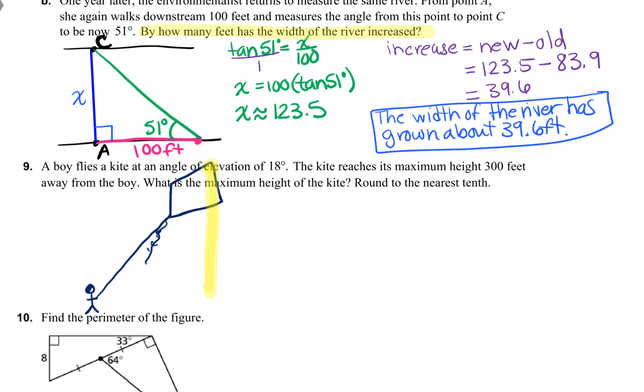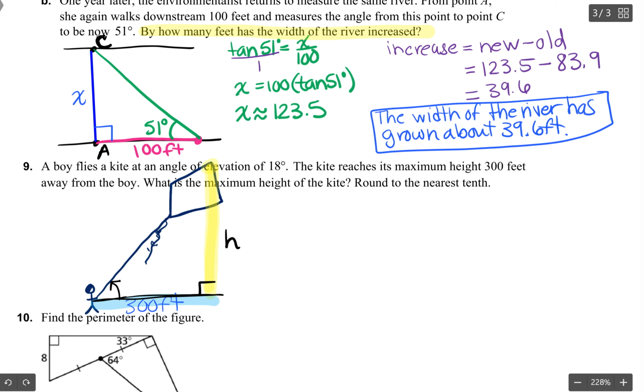Okay, so that's going to be our height, but the 300 feet away from the boy, we're going to have here when the kite is there. So that's going to be our 300 feet. And then that's going to make a right angle with the height that we want to find. And it says that the angle of elevation is 18 degrees. So remember, angle of elevation was kind of from our horizontal and then going up towards something. So this here is going to be 18 degrees.